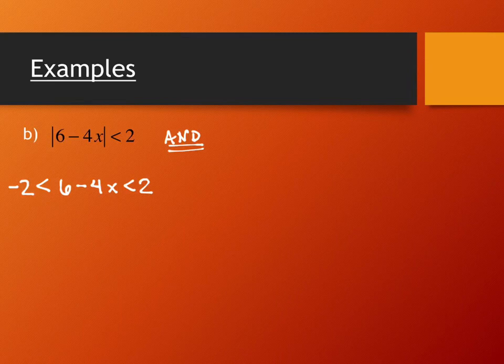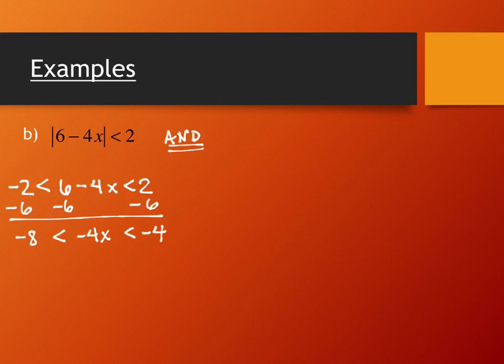We solve a triple inequality the same way we solve an equation. We just have 3 pieces to do, 3 parts or 3 sides to it. So when I subtract my 6, I have to subtract the 6 in all 3 locations, or on all 3 sides. Negative 2 minus 6 is negative 8, is less than negative 4x, is less than negative 4.